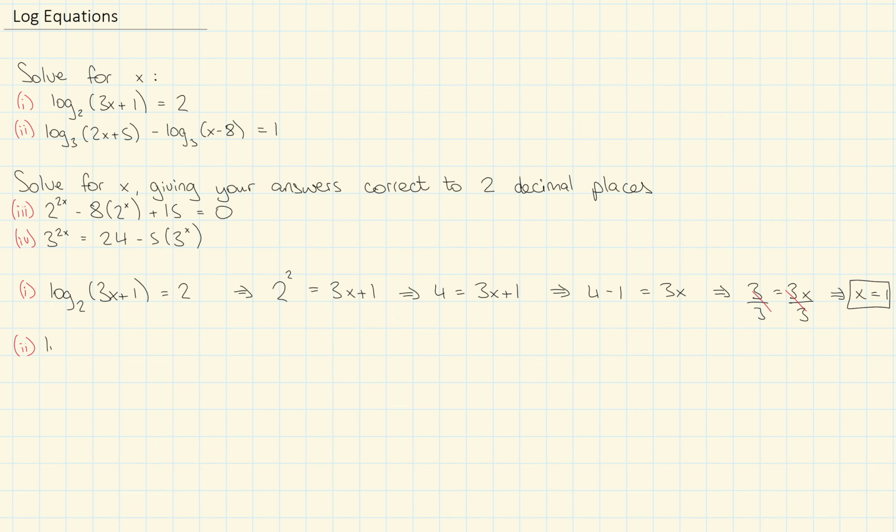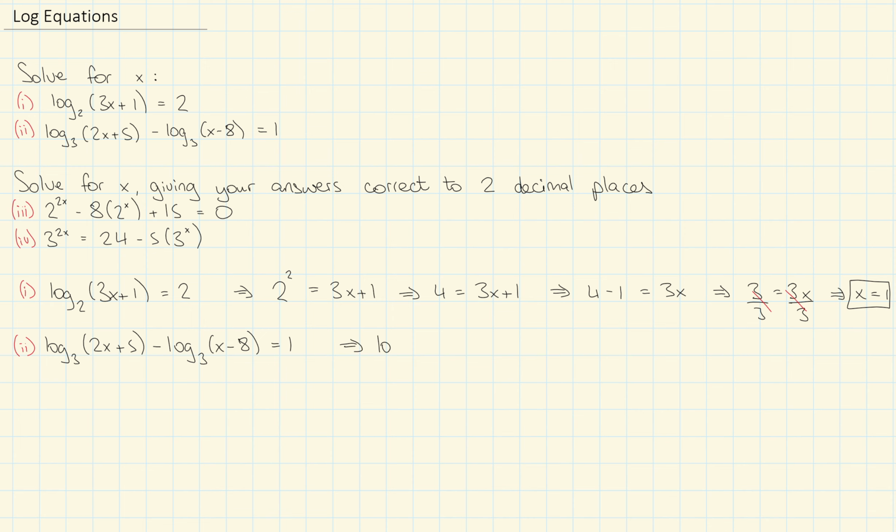Okay, part 2, a little bit more work to do. We should bring our log rules into play. We have log of 2x plus 5 to the base 3 minus log of x minus 8 to the base 3 equals 1. So in your log tables you see that we don't actually subtract logs, we divide them, and the reason we can apply this rule is that both of my logs are log to the base 3.